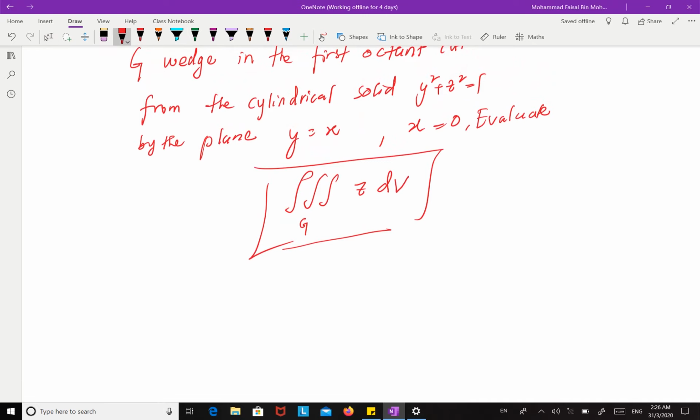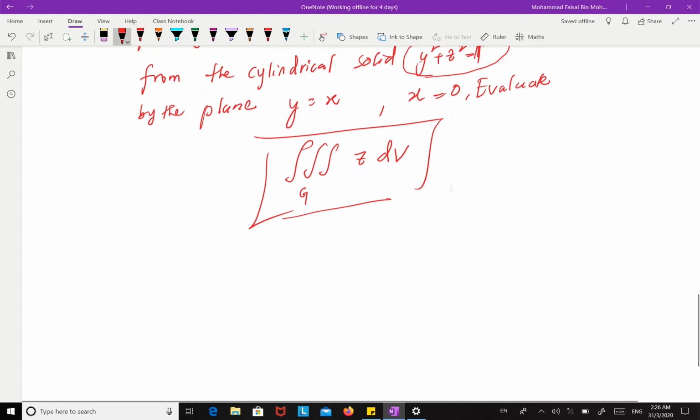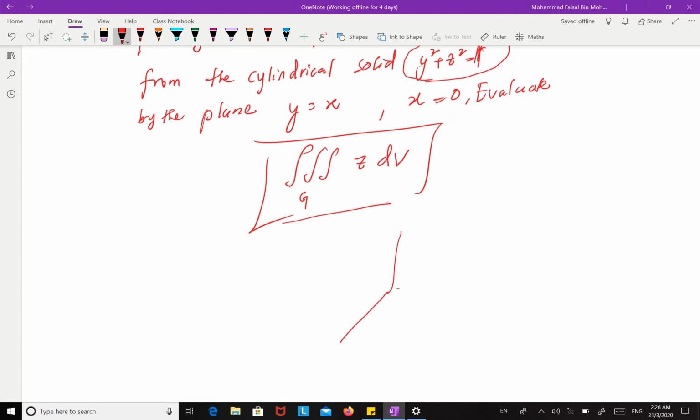If you see this, you have squares and only 2 variables, which means this is a cylinder. And x is missing, so it is parallel to x, but this is in the first octant. So it would be like x, and this is y and z. Let's draw the negative ones.